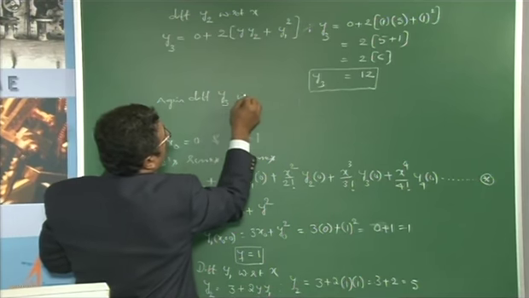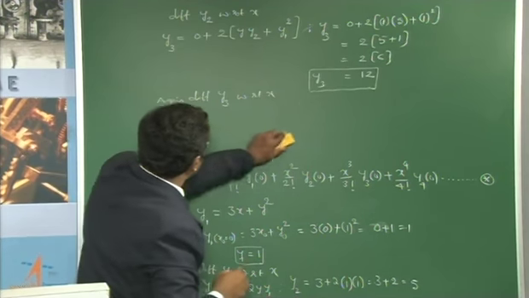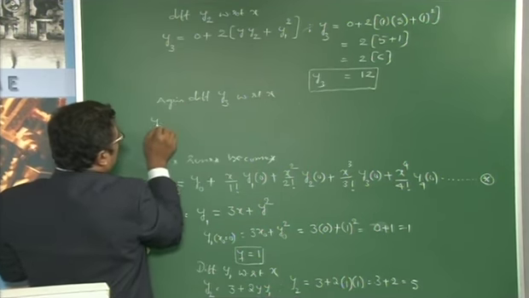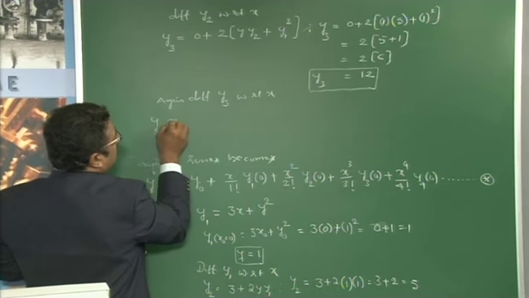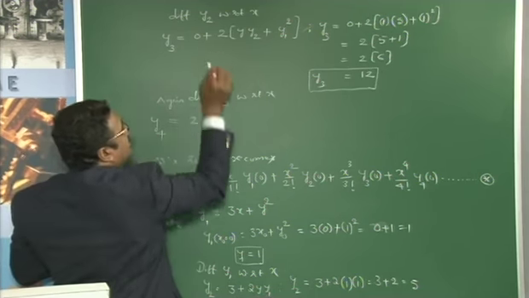Again, for the 4th order derivative, differentiate y3 with respect to x. Your y3 becomes y4, which should be equal to 2 times the differentiation of the 0, again 0.